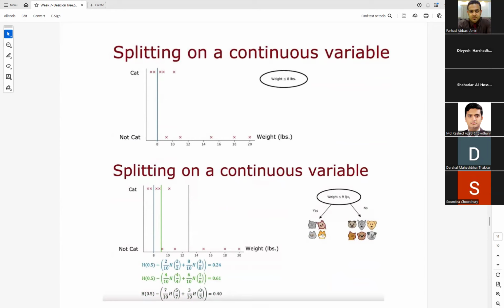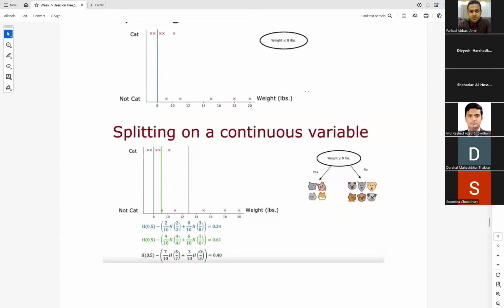For example, when it is 9, yes means less than 9, which are these 4 data points, and larger than 9 means the right-hand side of this green bar. We have 1, 2, 3, 4, 5, 6 data points. How about, for example, 13?